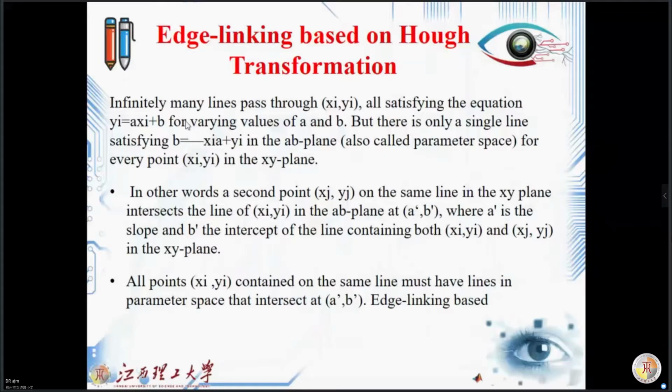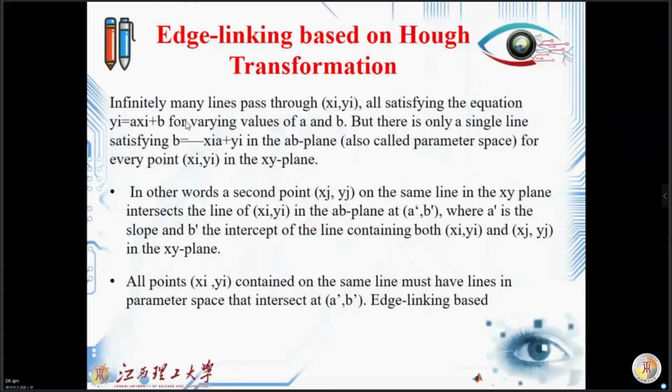But there is only a single line which will satisfy this in the ab plane, which we call the parameter space, for every point in the xy plane. In other words, a second point xj, yj.